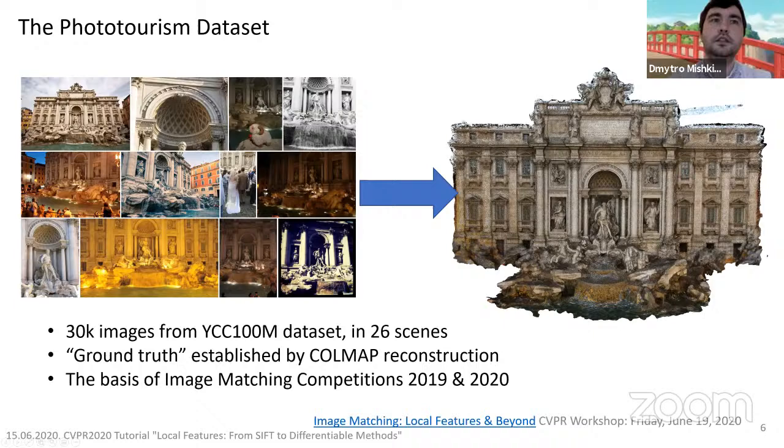The data set is PhotoTourism. It is created by subsampling relevant images from Yahoo Creative Commons and split into 26 scenes. You can see images like this fed in, and we get this pretty neat reconstruction of the Trevi Fountain in Rome. This is the basis of the image matching competition.